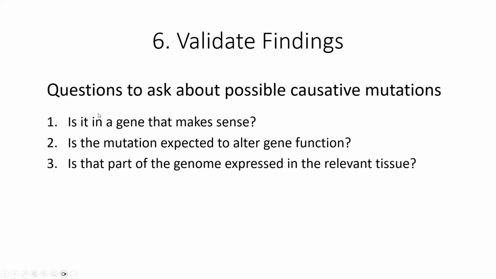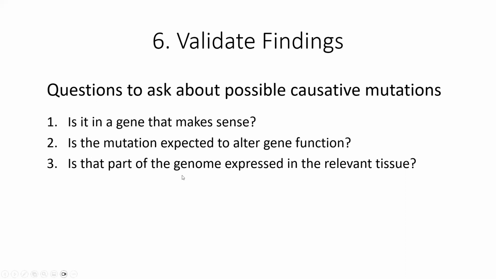So I asked myself a few questions. One, is this mutation in a gene that makes sense? Based upon what we know about that gene, could it lead to that facial malformation? Is that mutation expected to alter gene function? I already told you that mutation in this gene is supposed to change the amino acid, and I'll show you a little bit about that in a minute.